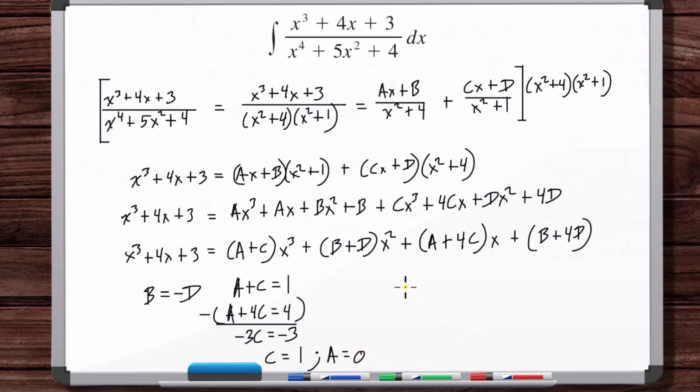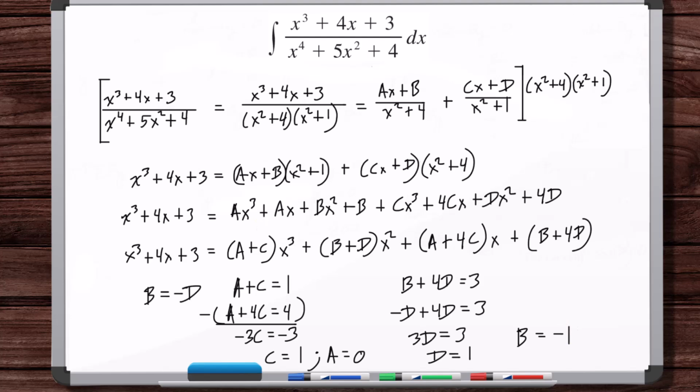Okay, we have b plus 4d is equal to 3. b is minus d. So 3d is equal to 3, so d is equal to 1, and that means that b is equal to minus 1.